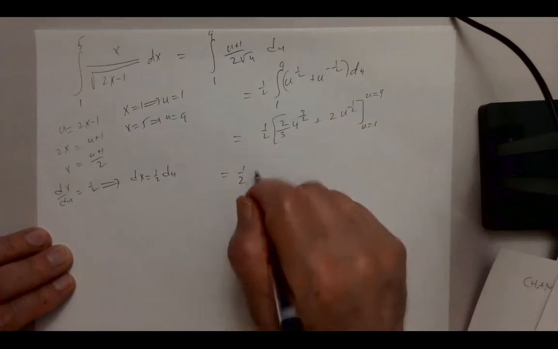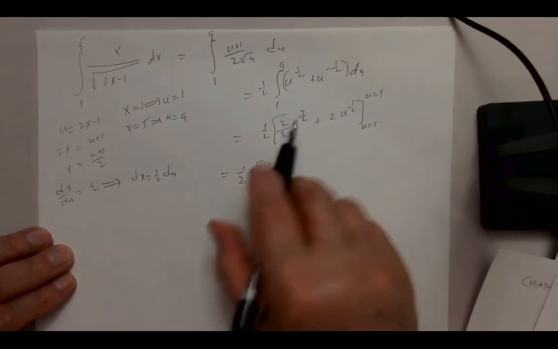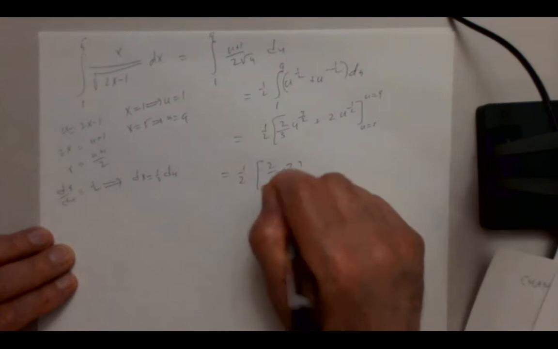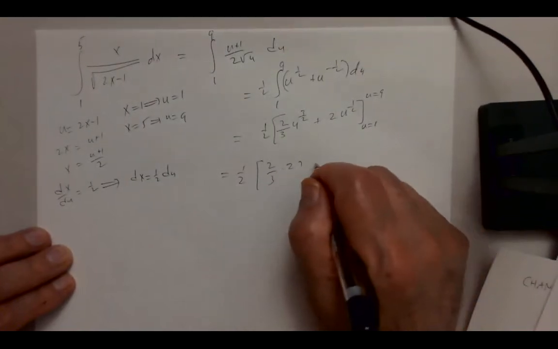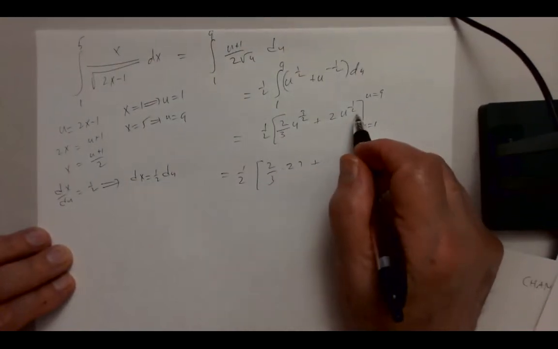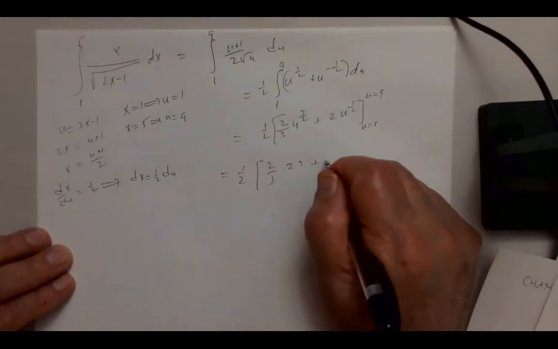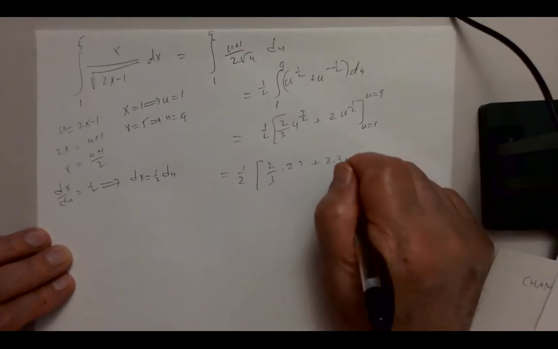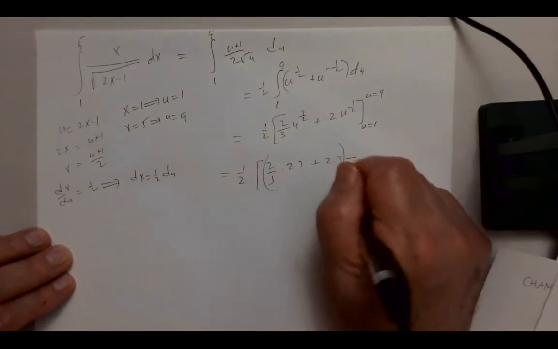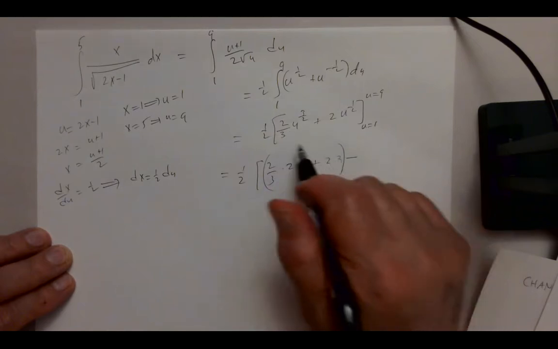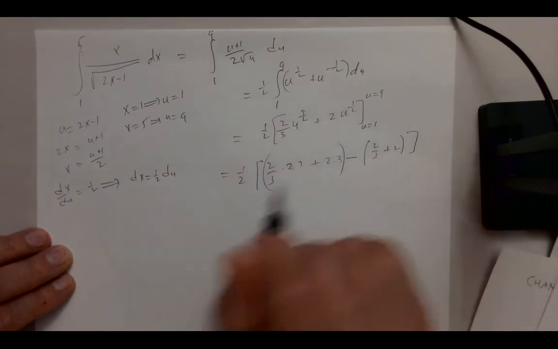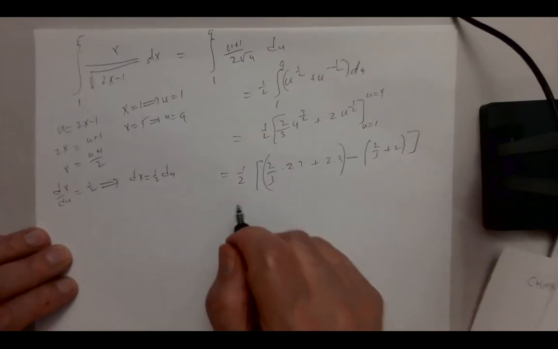That's 1/2 times: when I plug in u equal to 9, this is 18, and into this is 2 times 3, minus what I get when I plug in u equal 1, which is 2/3 plus 2. So let's see if the arithmetic will work out.